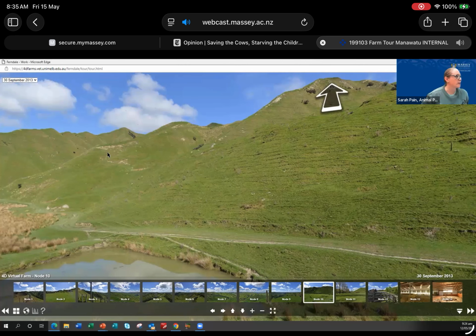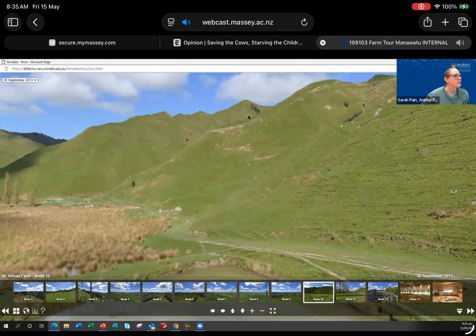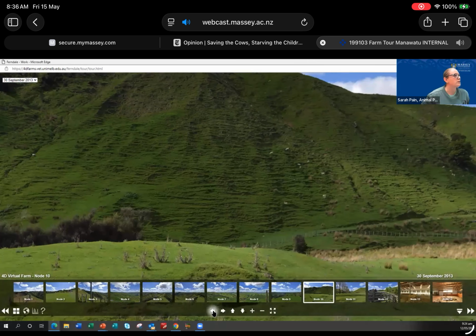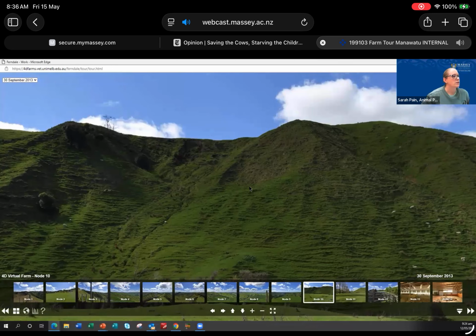And if you look up here as well, you can see sections of the hillside, and there's one on the other side as well. See this whole section of the hillside has actually at some point slumped away.